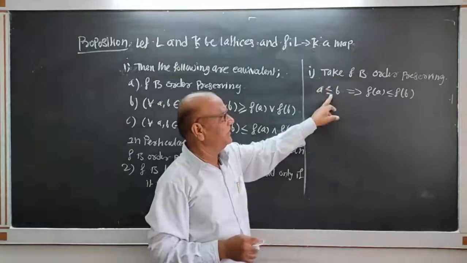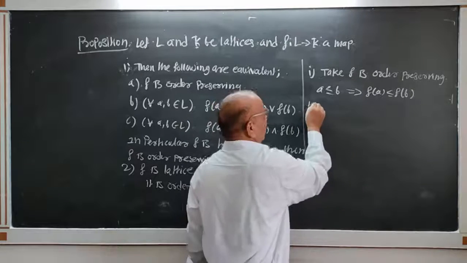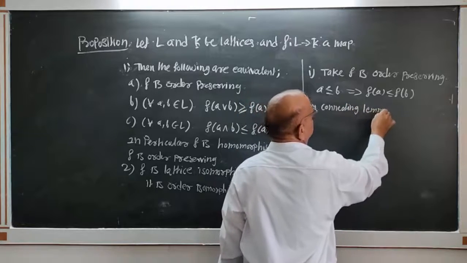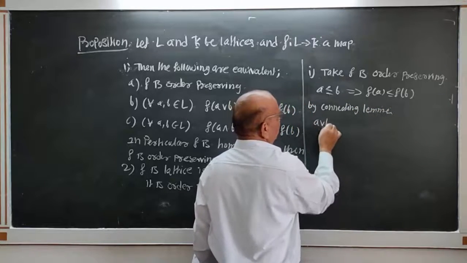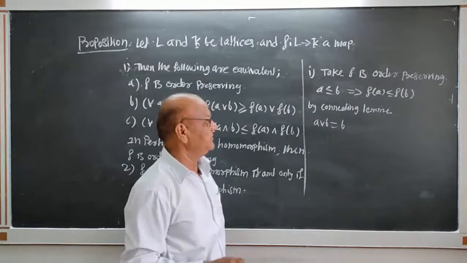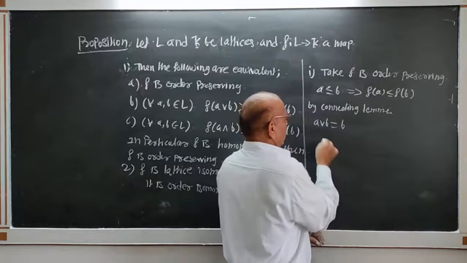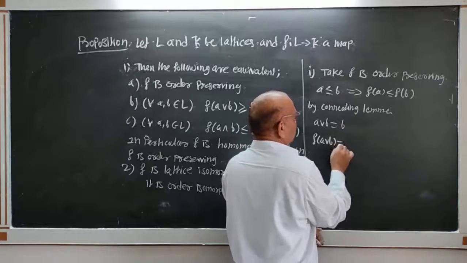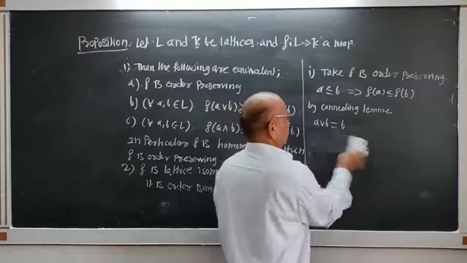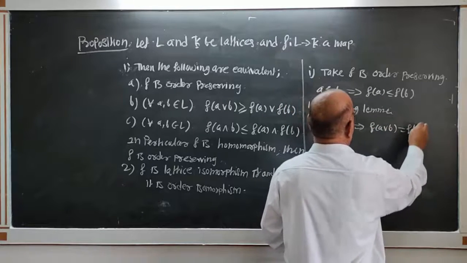By the connecting lemma, if a is related to b, then a join b is equal to b. This implies f of a join b is equal to f of b.